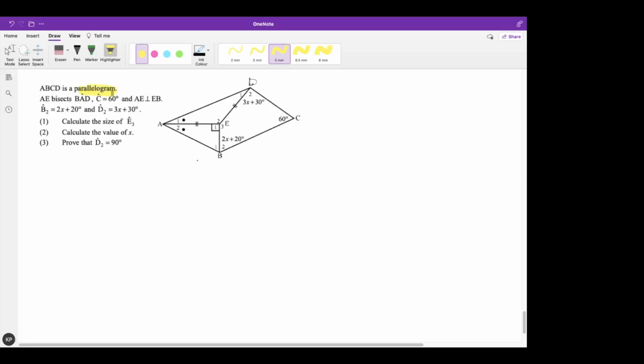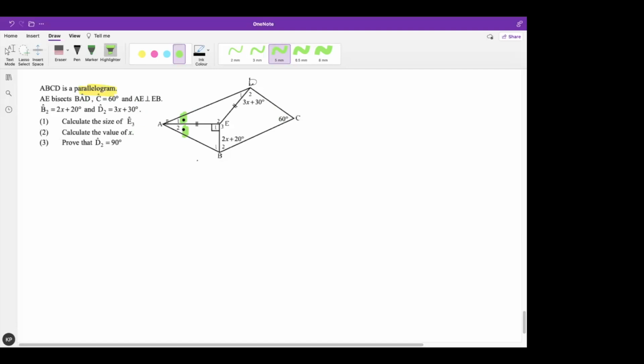Let me highlight it. AE bisects BAD. Do you see that they've already written that down for us? That means A1 is equal to A2. Okay, wonderful. C is equal to 60. They've written it down for us.